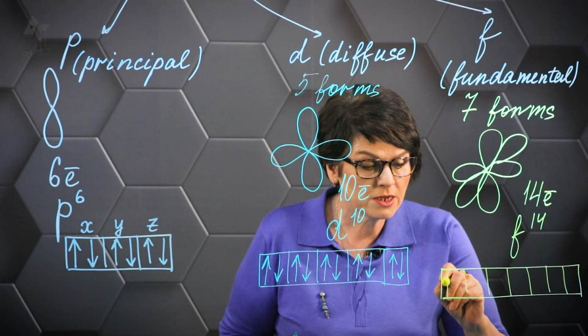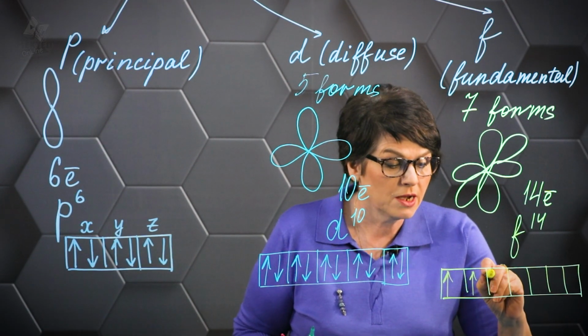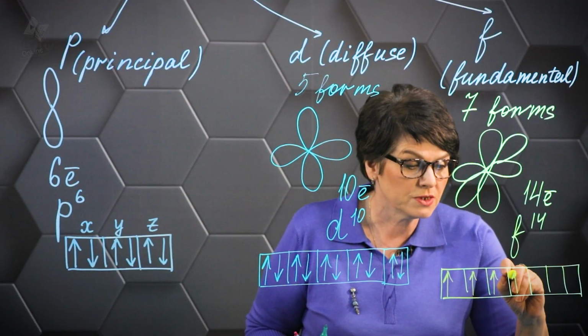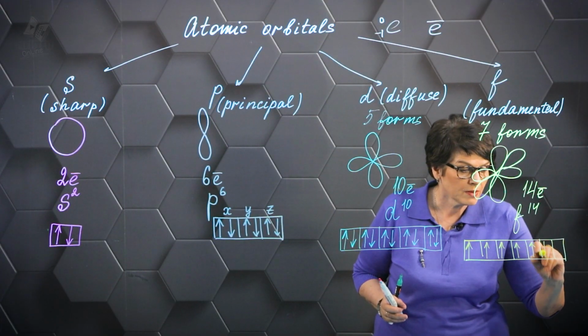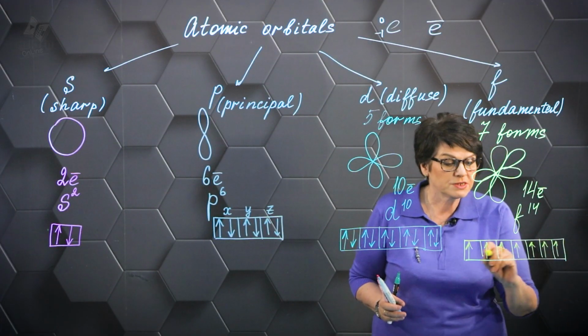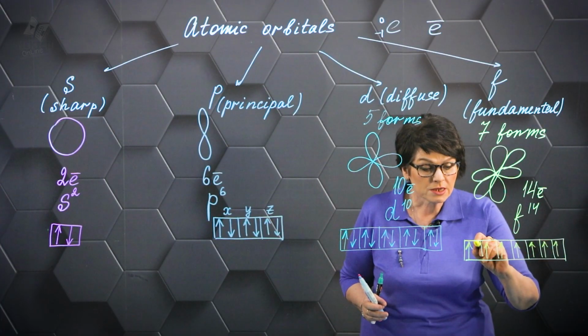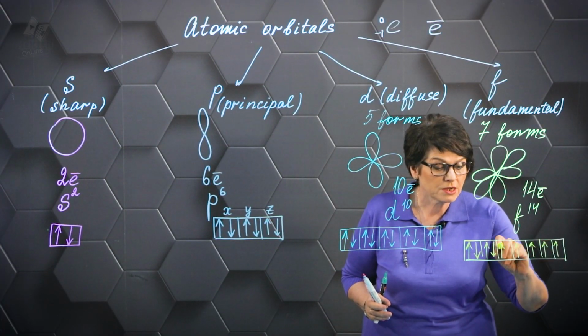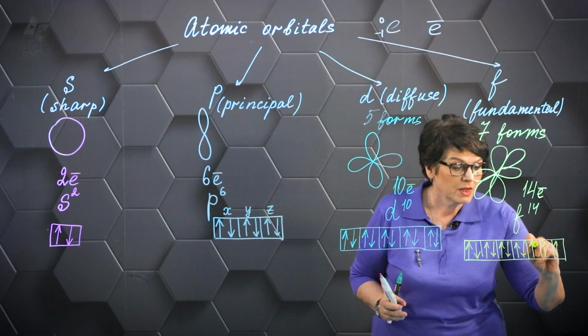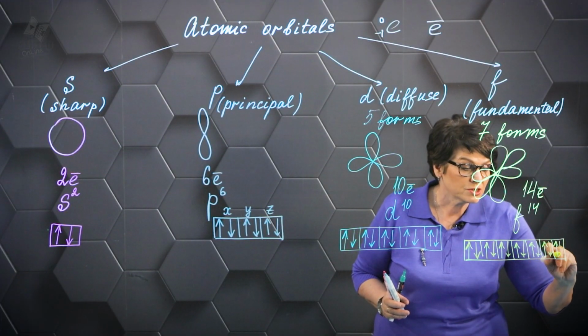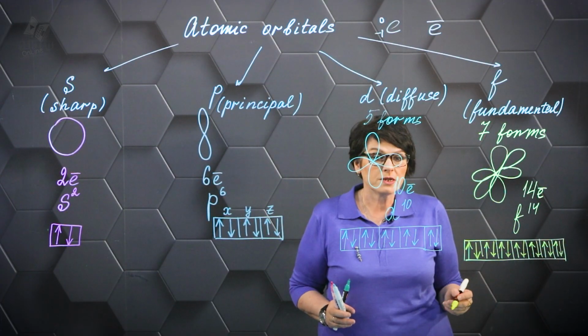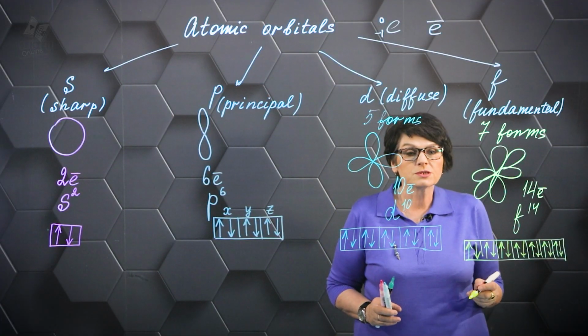First, the electrons are distributed by the up arrow. And when all the cells are filled one at a time, all the quantum cells, then the electrons are placed downwards. If 2 electrons are present in a quantum cell, they are referred to as paired electrons.